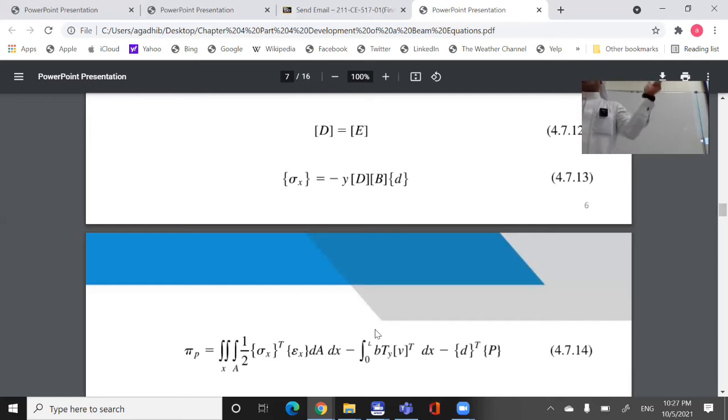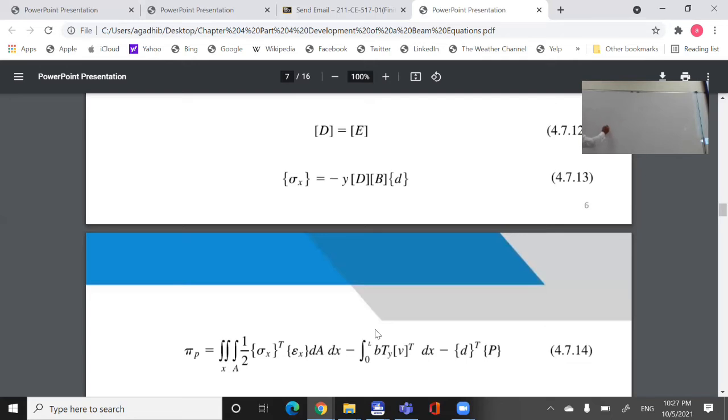It's like dotting D with itself. What is the derivative of D square? 2D. Very good. So when you take the partial derivative, the 2 cancels with the 1/2, and you will have only D here. So it will be EI. There is no 2 because it's D square.